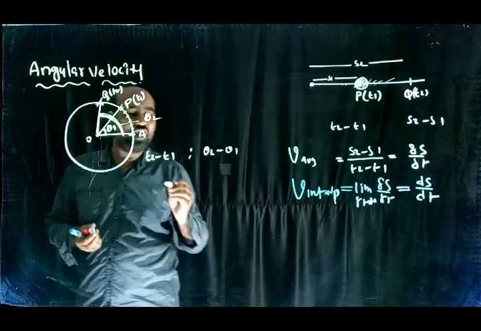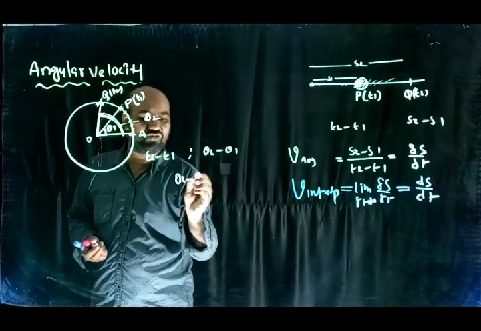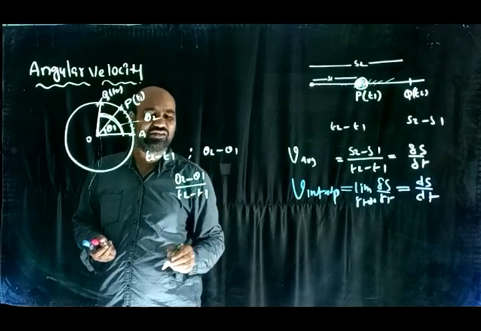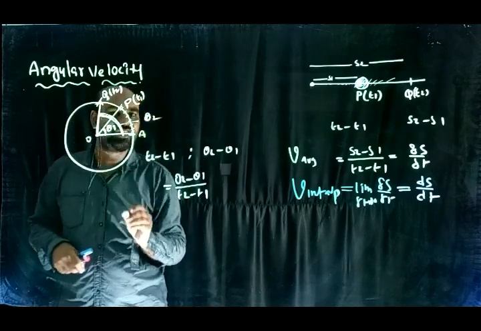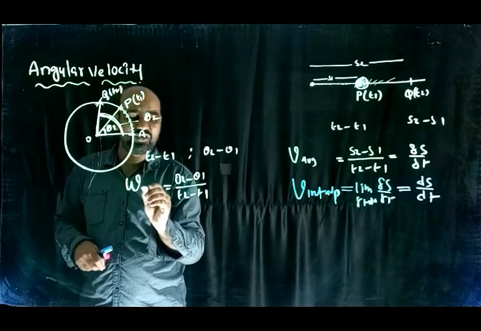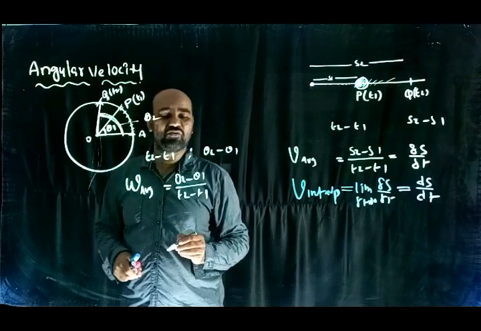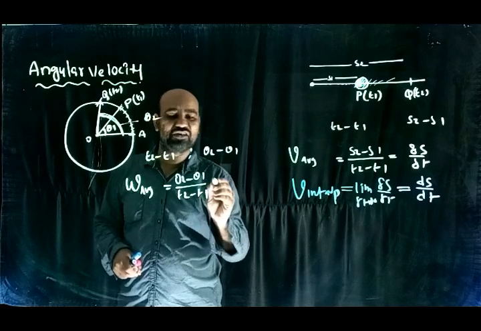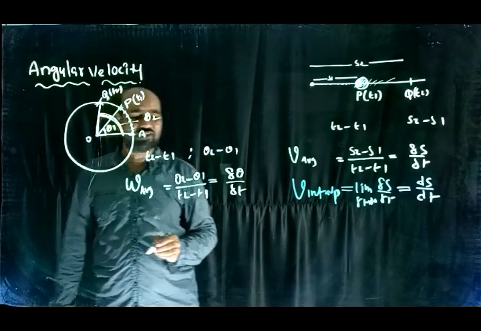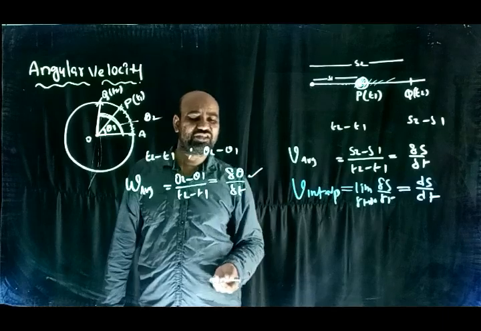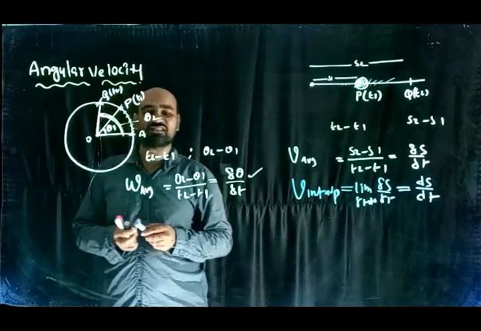Now I want to find the rate of change of angle, that is theta 2 minus theta 1 by t2 minus t1. The rate of change of angle is called angular velocity, denoted by omega. The average angular velocity of the particle is theta 2 minus theta 1 by t2 minus t1, symbolically written as delta theta by delta t.